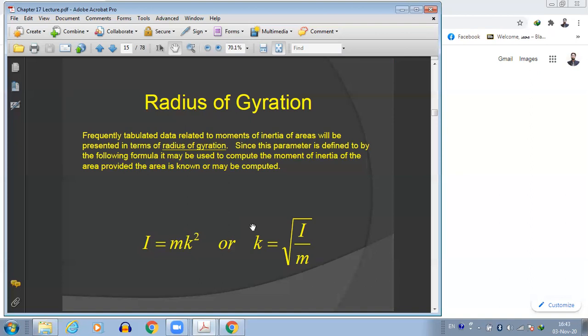You don't feel any vibration, and everything is so smooth. Even when the car is running on a very rough road, the car is still very smooth. So how is that? There is a huge application of this radius of gyration in the design of rotating objects, in the design of machinery.